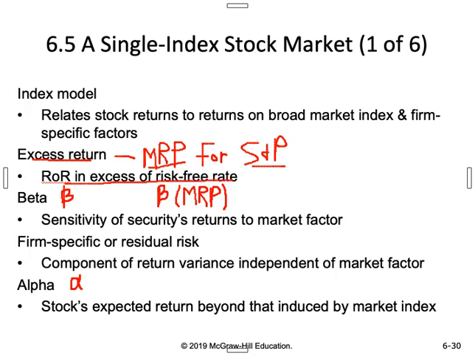Okay, and then beta. This is the Greek symbol for beta. And beta is the sensitivity of a security's return to the overall stock market. So this excess return of the market risk premium, some companies are more sensitive to the movements of the overall market and some are less.